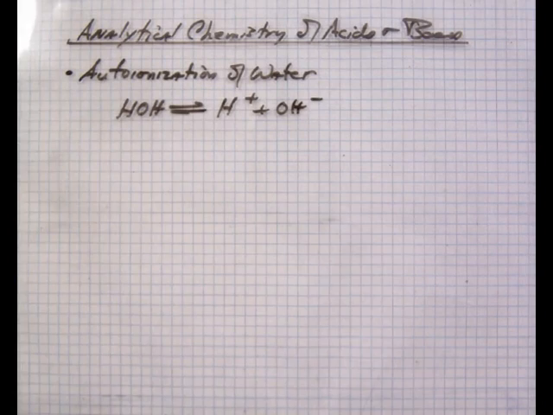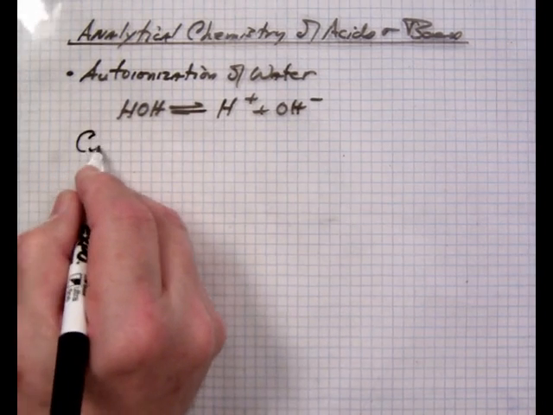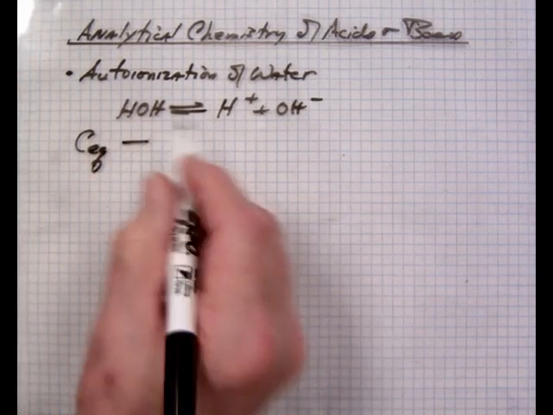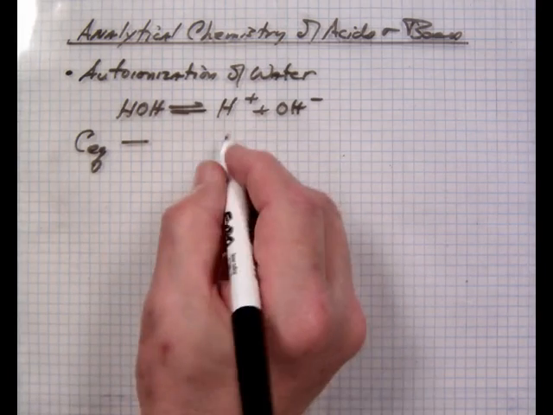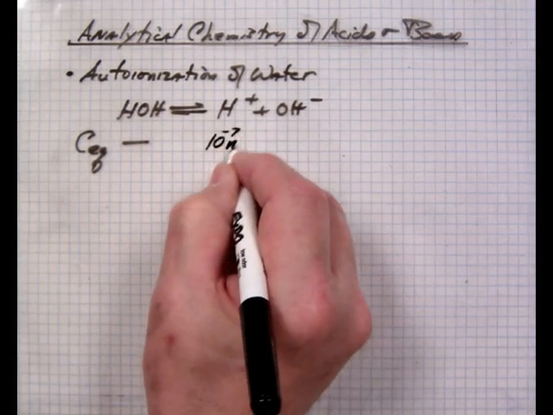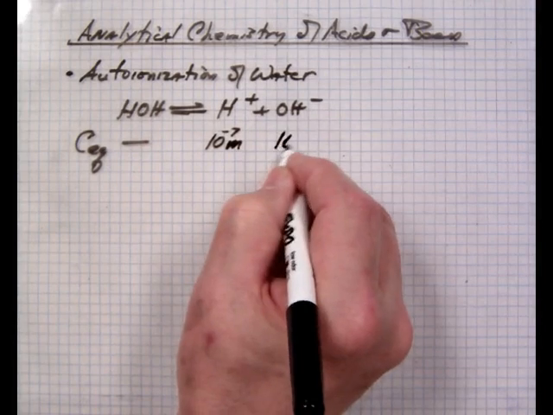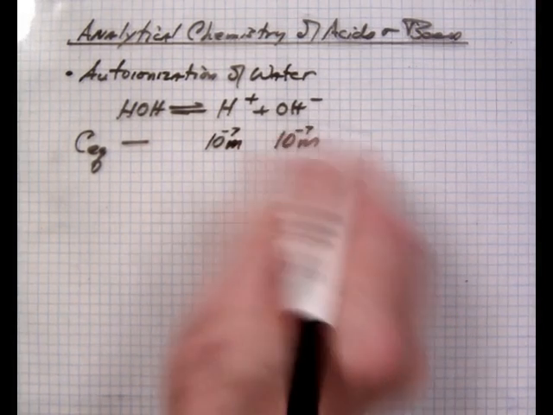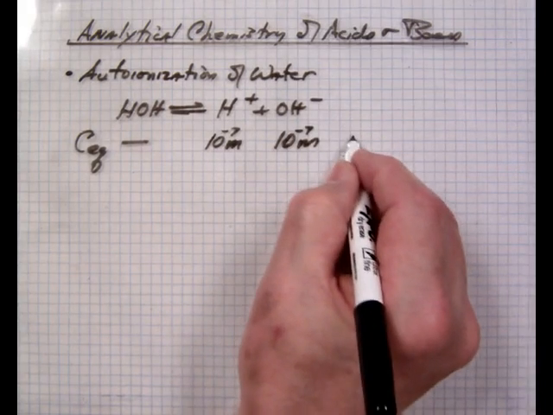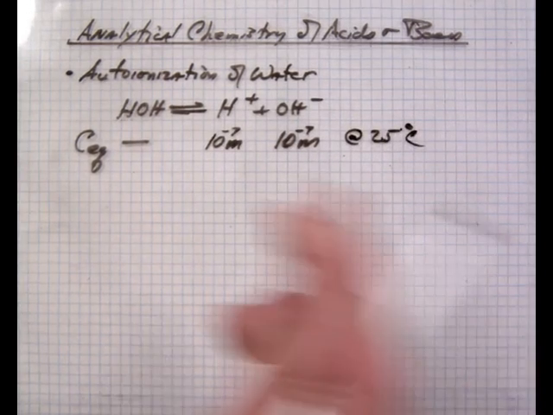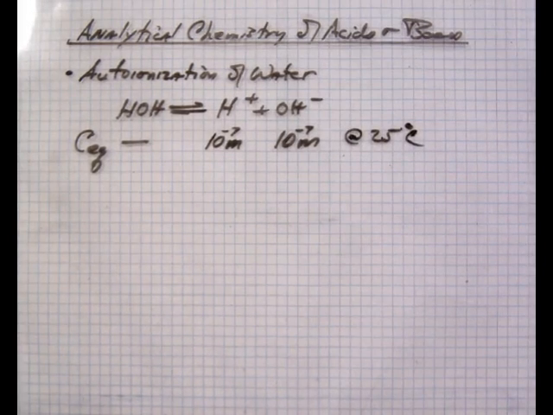And to repeat this very quickly, at equilibrium, we disregard the water concentration because it's infinitely larger than the ions that are delivered. That is 10 to the minus 7 molar in hydrogen and 10 to the minus 7 molar in hydroxide, and that's in a pure solution at 25 degrees.